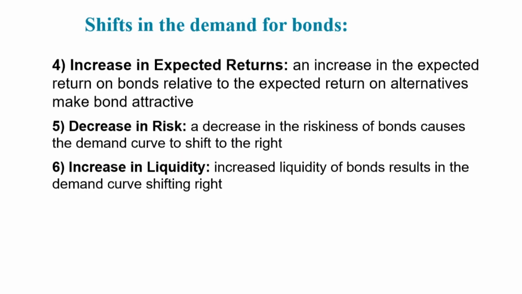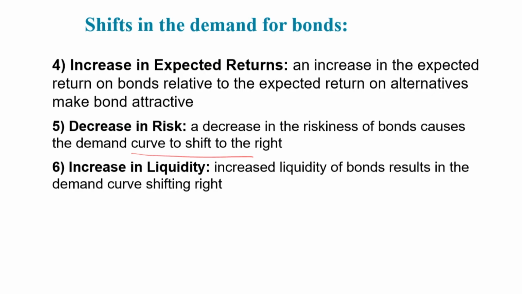Similarly, some more factors: an increase in expected returns compared to alternative investment opportunities like equities, then you are going to invest more. A decrease in risk: when the riskiness of bonds declines, the demand curve is going to shift to the right. Similarly, an increase in liquidity.